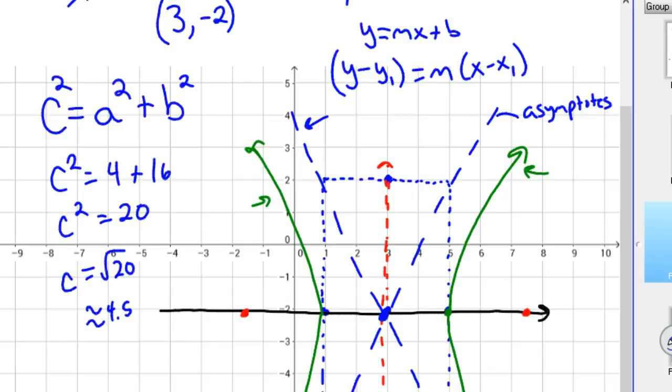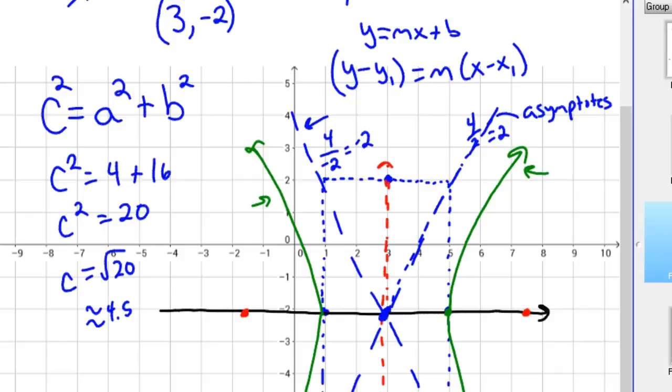And so we know our slope is, if you count from our point, let's say for this one here, rise 1, 2, 3, 4, run 2. So this slope is 4 over 2, which reduces to 2. And this slope here is 4 over negative 2, which is negative 2.